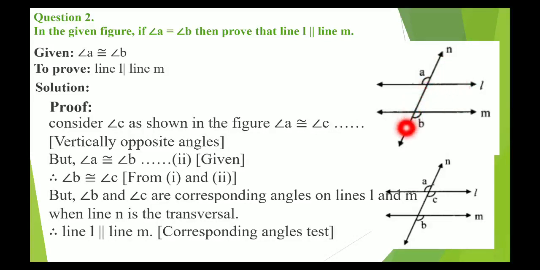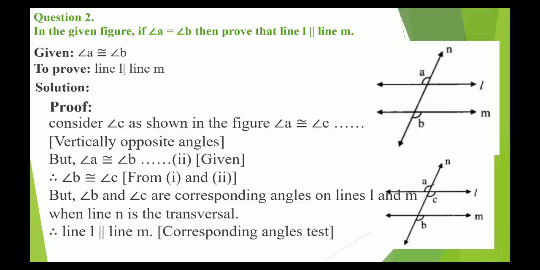So angle B and angle C both are corresponding angles on lines L and M, where N is the transversal. Therefore, I can say that line L is parallel to line M. What is the reason? The corresponding angle test. Because using the corresponding angles only, we have proved the lines are parallel.